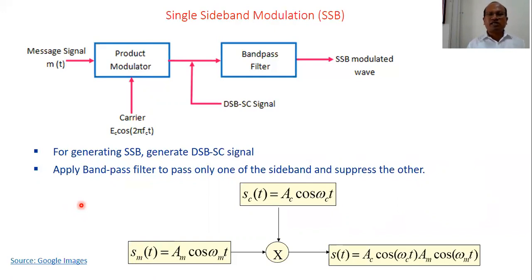So how can we generate SSB? This is a block diagram, and as you can see here, we are again using the component for generating DSB-SC signal. We know that DSB-SC signal can be generated by different means.